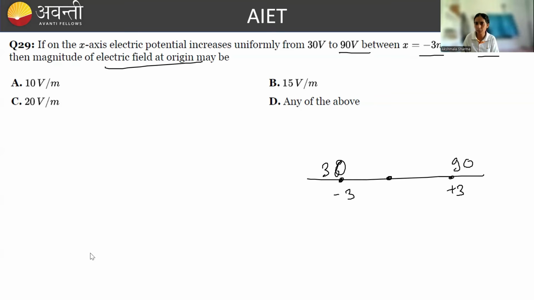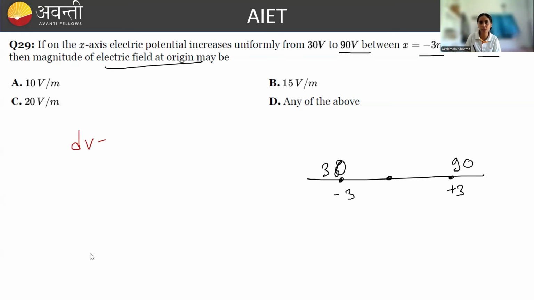But nothing is said about the direction of electric field, and it's also not given that potential is decreasing the maximum in this direction, because the direction in which potential decreases the maximum is the direction of electric field. Now from potential difference, can we calculate electric field?